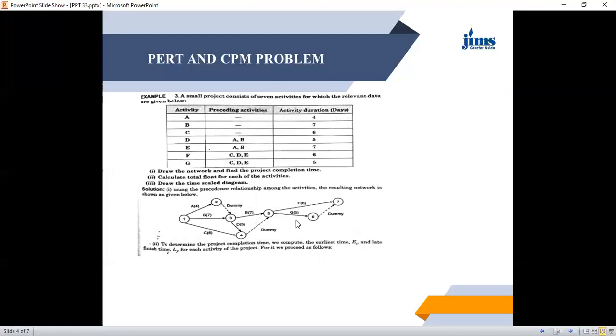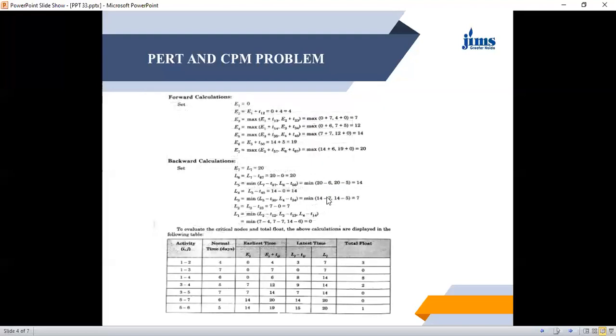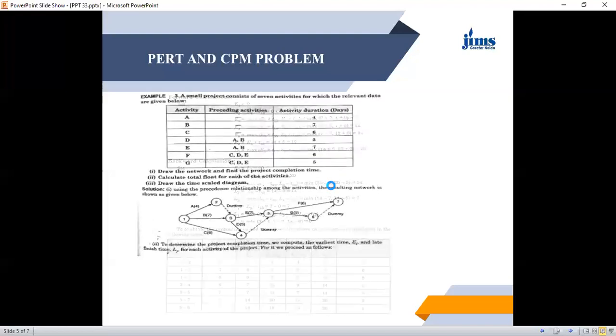Latest finish time of 6 is equal to 20 minus how much? 6 days. So this is equal to 14 days. 20 minus 6 is equal to 14 days, so this is for this activity. L6 is equal to this. So 20 minus 0, so 20, this is also 20 days.